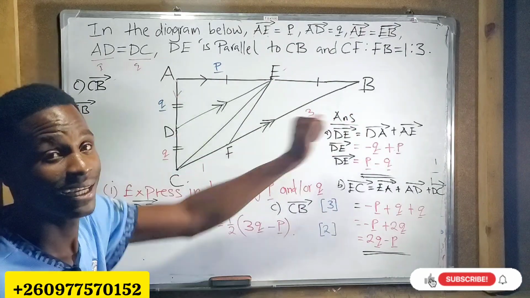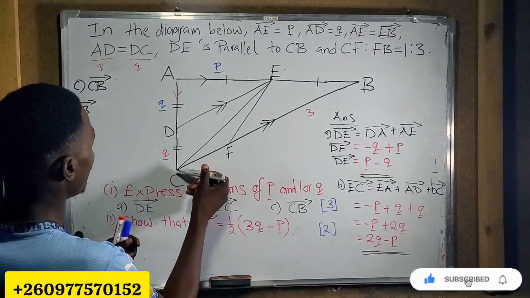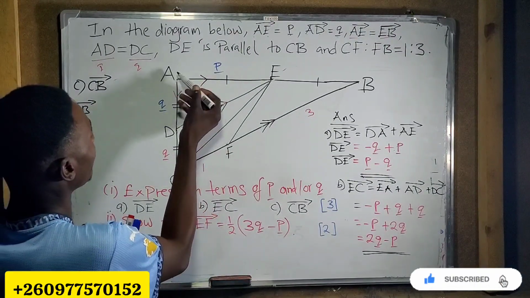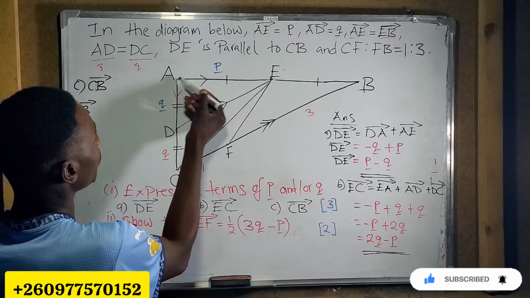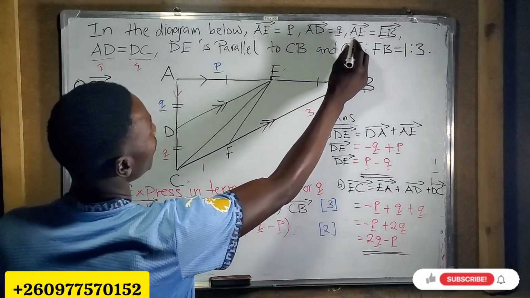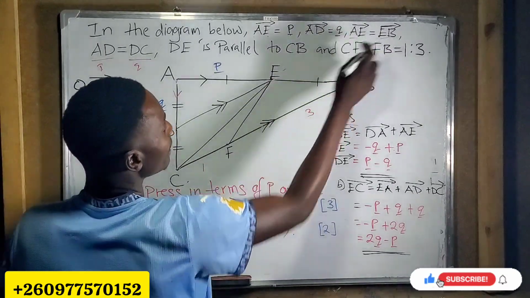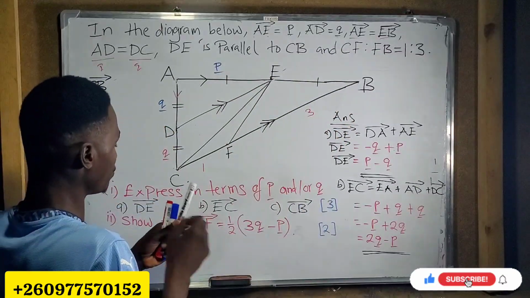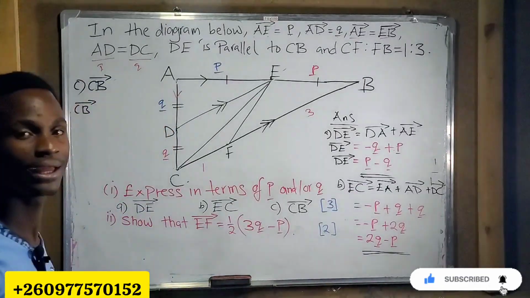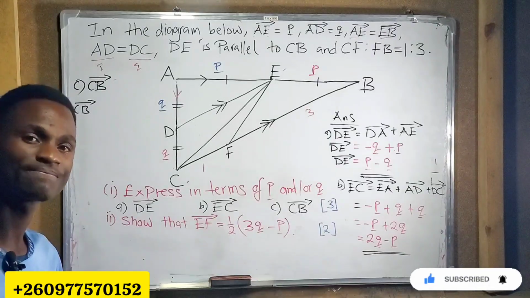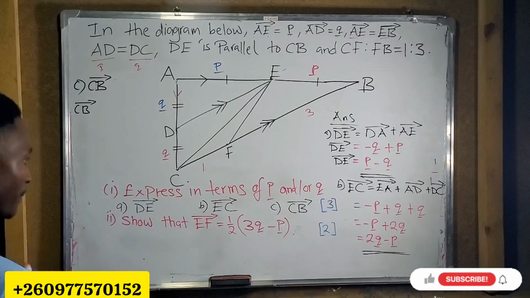Why? Because we know this distance, and we know the vectors here, and we are given the information that AE is equal to EB. So if here is P, then here is also vector P. You see how simple this is? Simple.